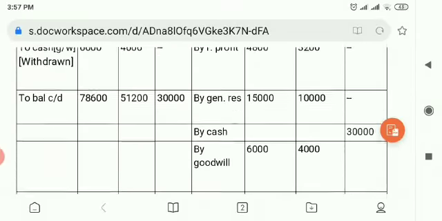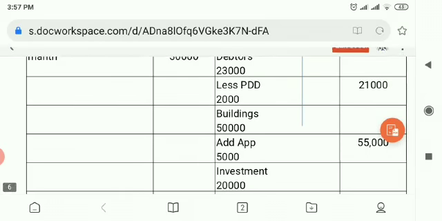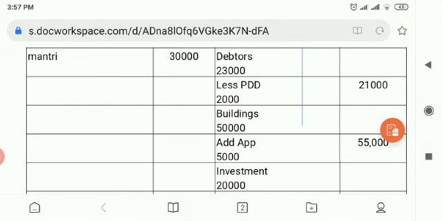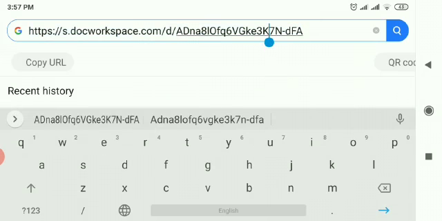Now in the balance sheet we have written the investments as 20,000. Now the market value is 25,000. There is an increase in the investments. So write add appreciation 5,000, outer column 25,000. Now the investment is an asset.